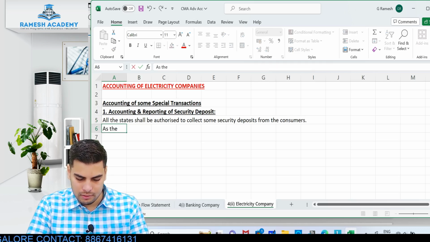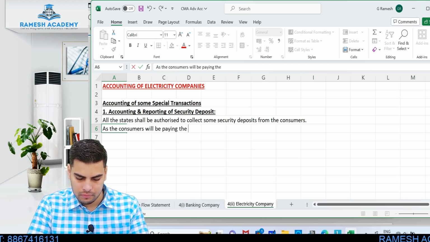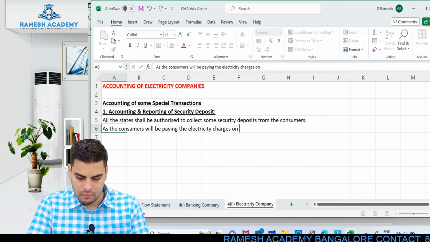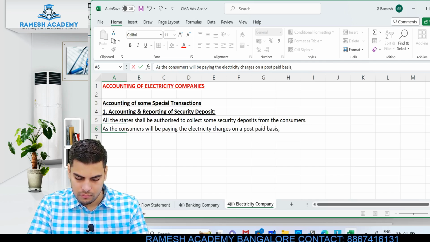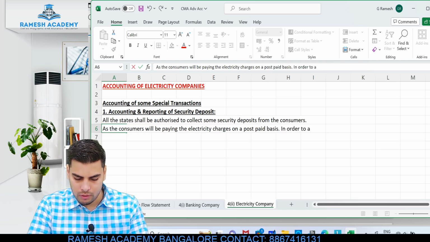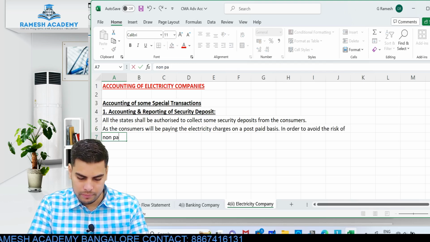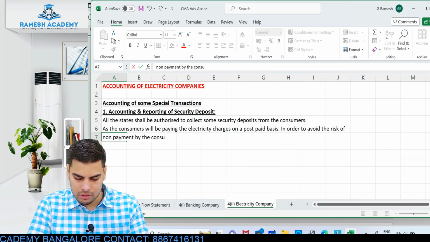As the consumers will be paying the bill on a post-paid basis, in order to avoid the risk of non-payment by the consumers, the security deposit is collected.